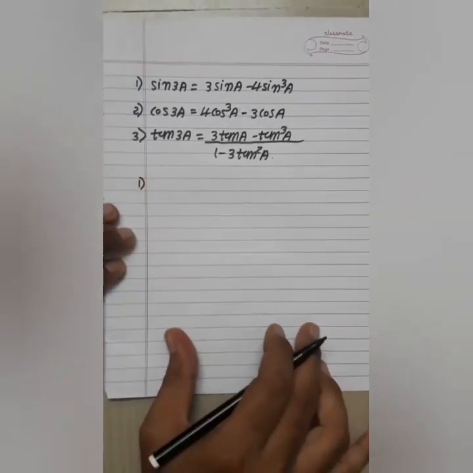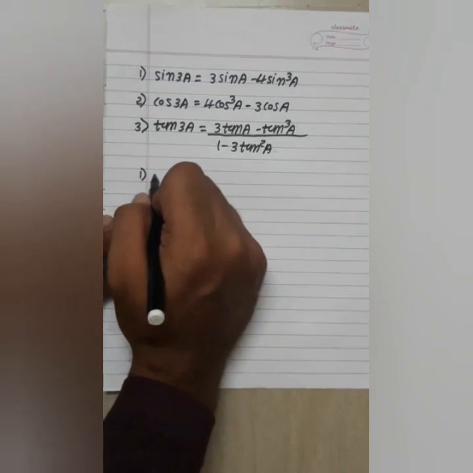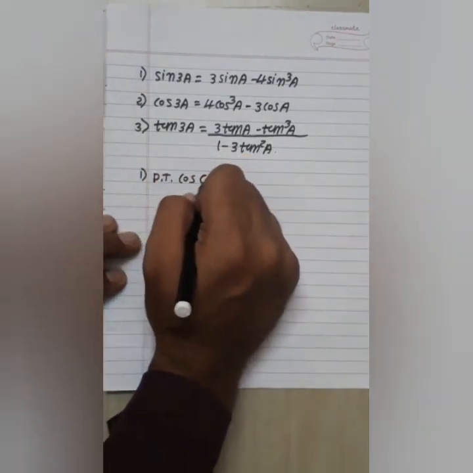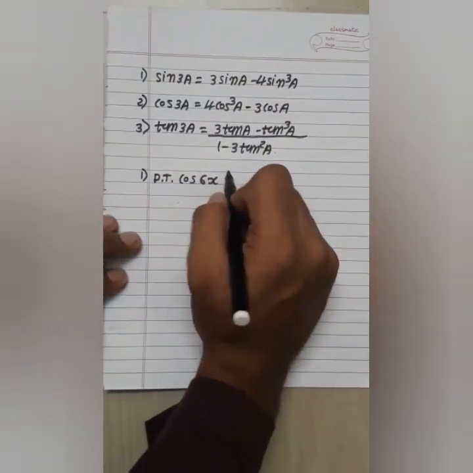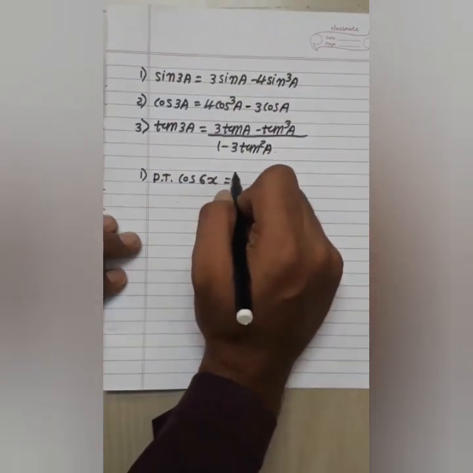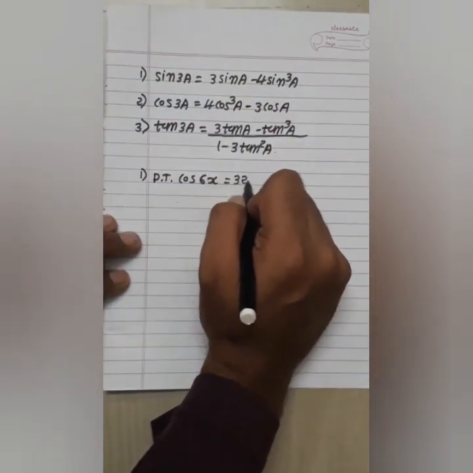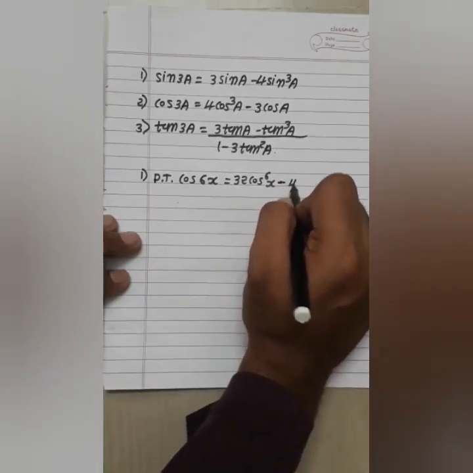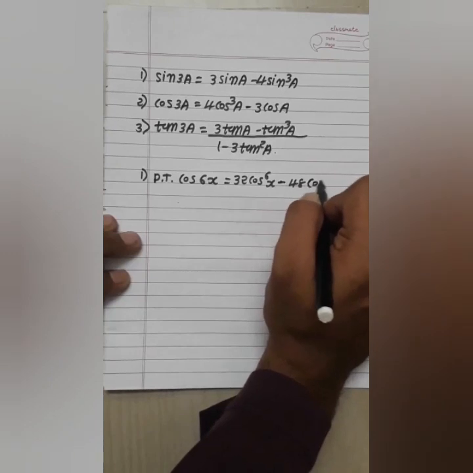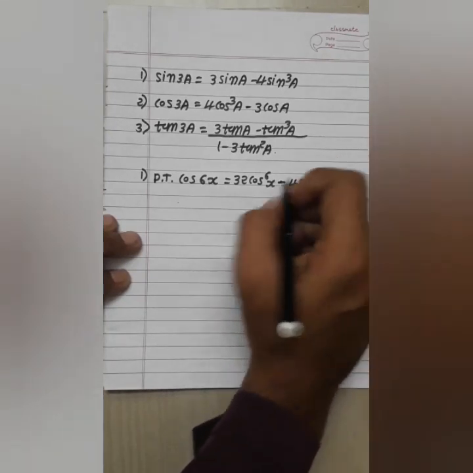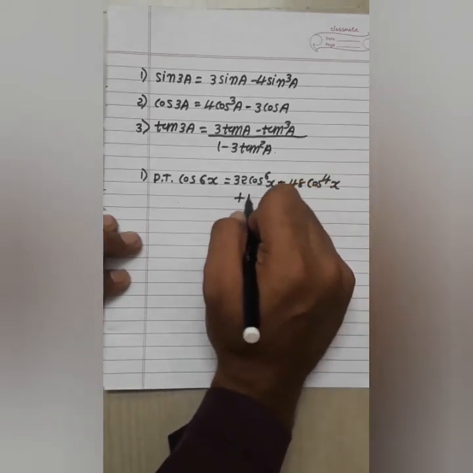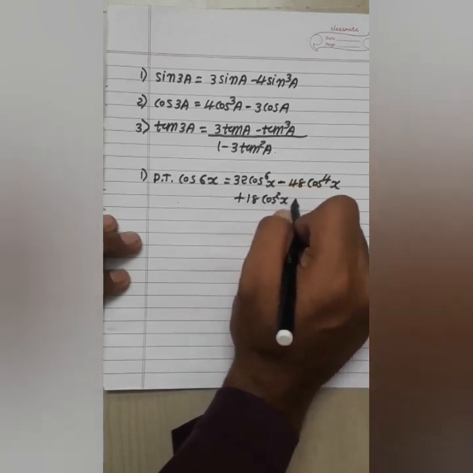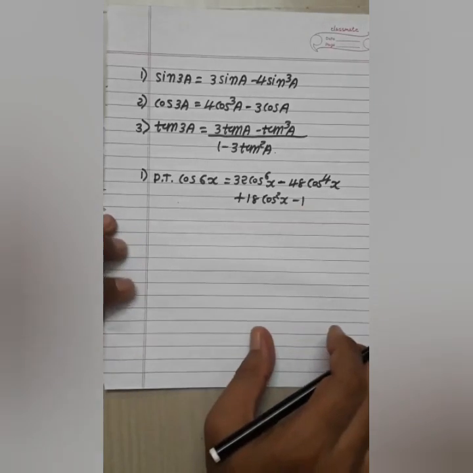Find the value of, means prove that cos 6x is equal to 32 cos raised to 6 x minus 48 cos raised to 4 x plus 18 cos square x minus 1.